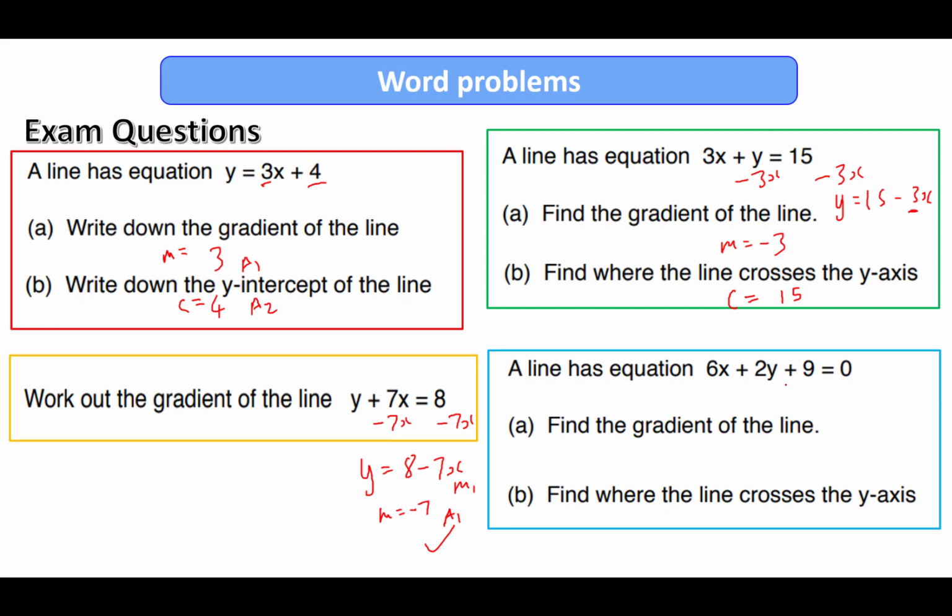So this is multi-step, probably a 3 marker. So let's just minus 9 first, or you can minus 6x, depending how you want to do it. So that becomes 2y. You've still got the 6x here. 6x plus 2y equals minus 9. So now we need to minus the 6x on both sides.